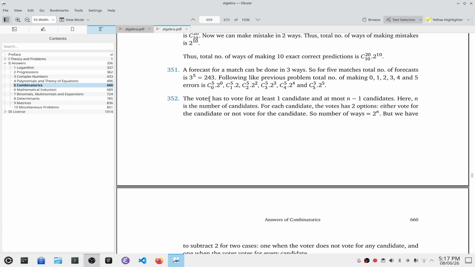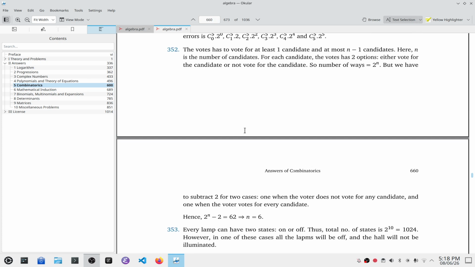So the solution is: the voter has to vote for at least one candidate, and at most n minus 1 candidates. Here n is the number of candidates. For each candidate, the voter has 2 options: either vote for the candidate or not vote for the candidate. So the number of ways is 2 to the power n.